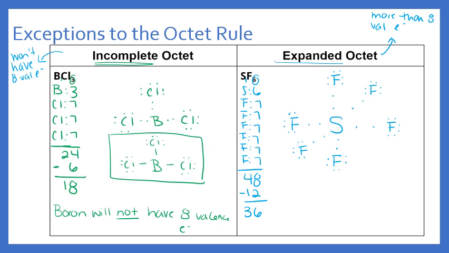So if I was just to redraw this down here, it's sulfur bonded to the 6 fluorines with the dots electrons surrounding those fluorines. Okay, so this is the answer.